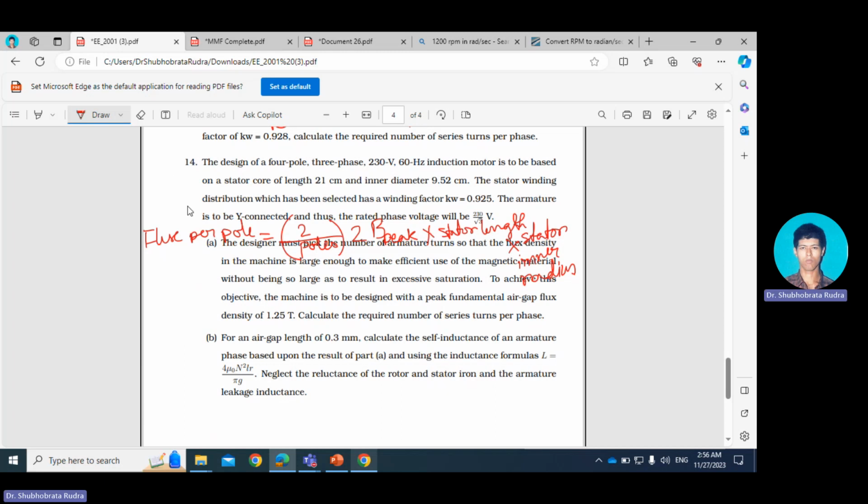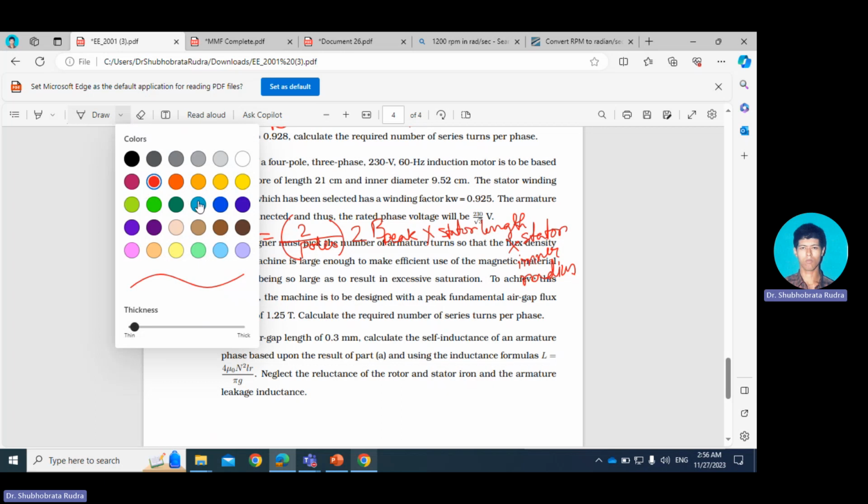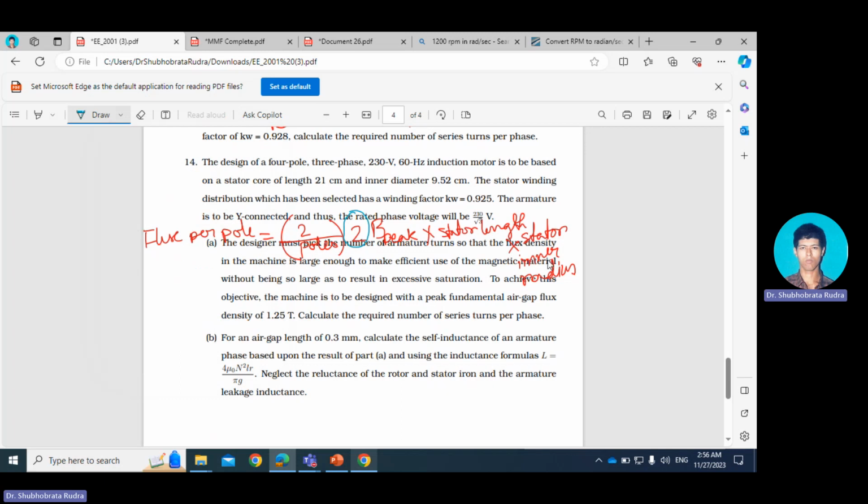So if you use stator inner dia, then there is no need of writing this 2. When you are talking about stator inner dia, you don't have to talk about that.